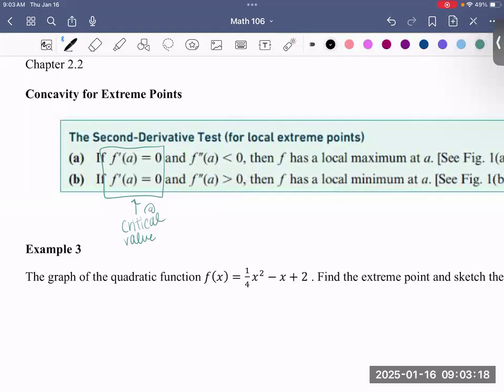So if you're negative here, we have a local max. We are concave down. Or we are positive and we have a local minimum. We're concave up.